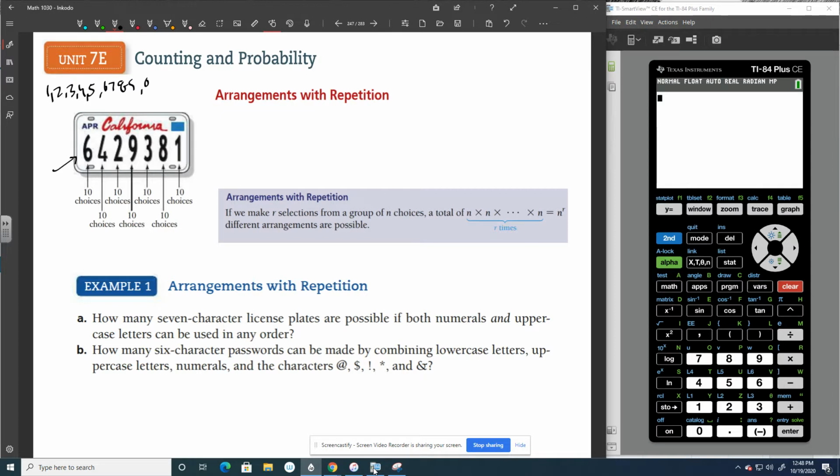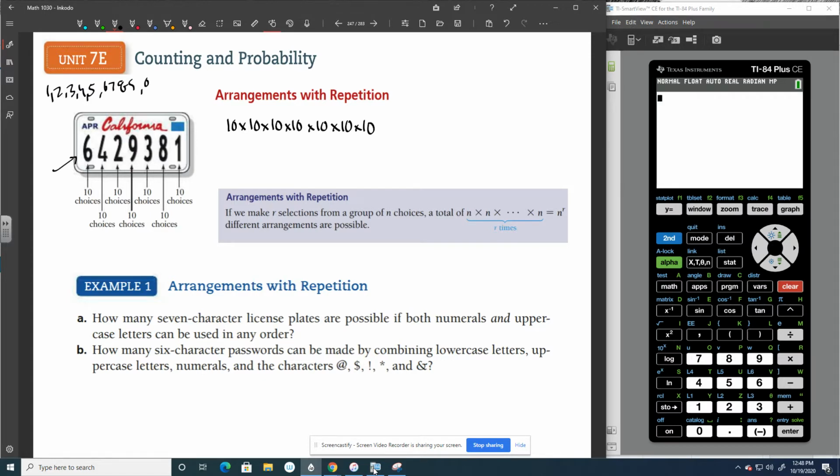So if it were to ask us how many different license plates we could come up with, well, you've got 10 choices for the first number, 10 for the second, 10 for the third, 10 for the fourth, the fifth, the sixth, and the seventh. So rather than making that great big tree, we can just use that counting principle where I've got 10 choices for each.